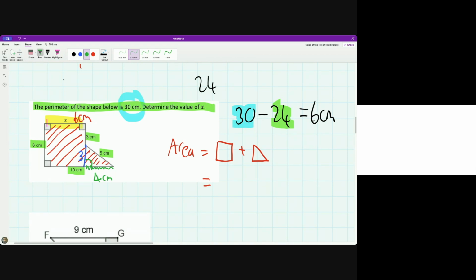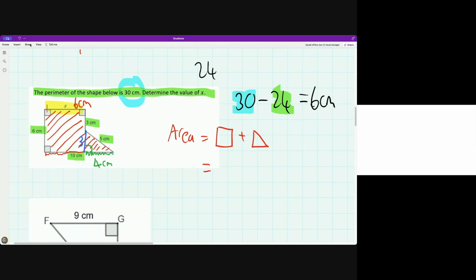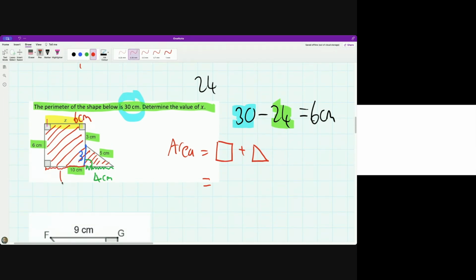So, I think that this bit here needs to be 6, because 6 plus 4 gives me the 10. My square is 6 times 6. So that's the square bit, but now I need to find the area of the triangle.